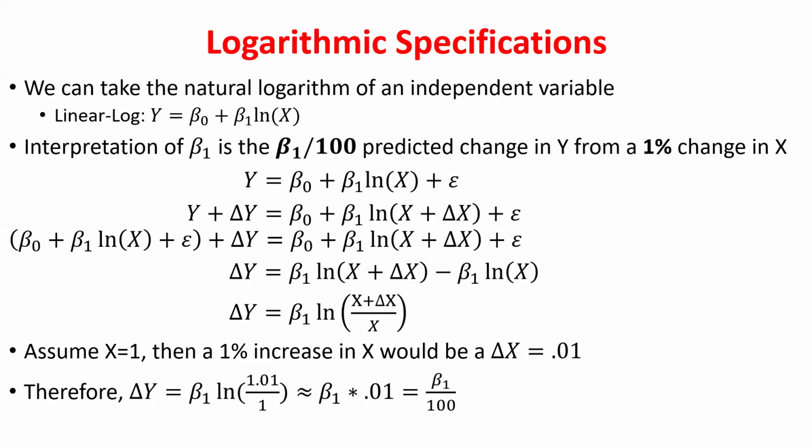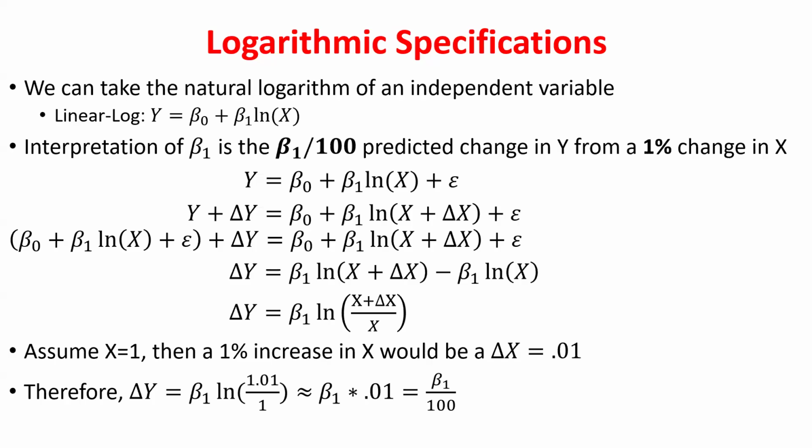So if I want to go from a percentage change to a probability or a unit change, what do I need to do? Divide by 100. So the effect of a 1 percentage change in x, or my SAT score, the effect it would have on y, or my GPA, would be beta 1. But if I'm going from percentage to units, I would then need to divide by 100. All right?